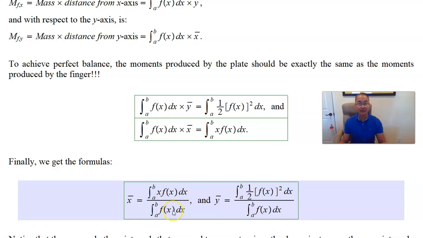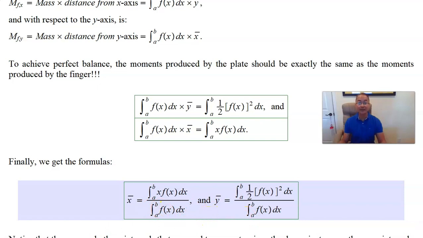Do not cancel the f of x. Oh, it's just 1? Yeah, good luck with that. Similarly here, you square the function first, then integrate, and divide the answer by 2. Take half of it. Take both of those and divide by the total weight or the area of the plate. That is your x bar and your y bar.